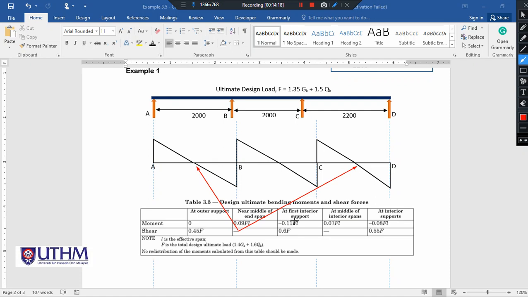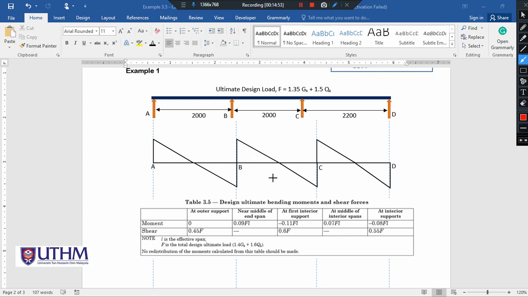0.6F is at the first interior support. So from the top, it goes down to this point, and here is 0.6F. Meanwhile, here it goes up, crosses this horizontal line, and 0.6F is here. Next is the middle of the interior span.